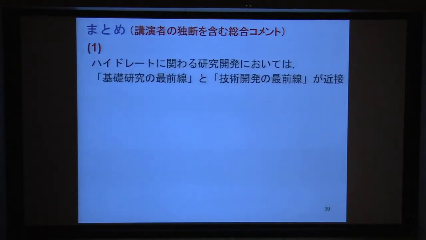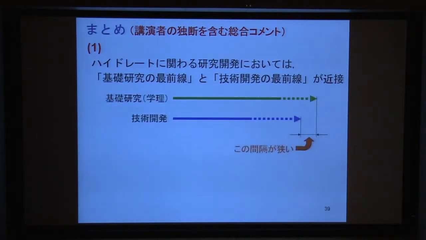And the conclusion, the summary, might be my personal thinking. As for the research and development for hydrate, the basic research is still progressing, but the technology is also progressing at the same time. So the gap between them is quite small. In other fields, they have already established a certain technology academically, and so it should be applied to other technology.